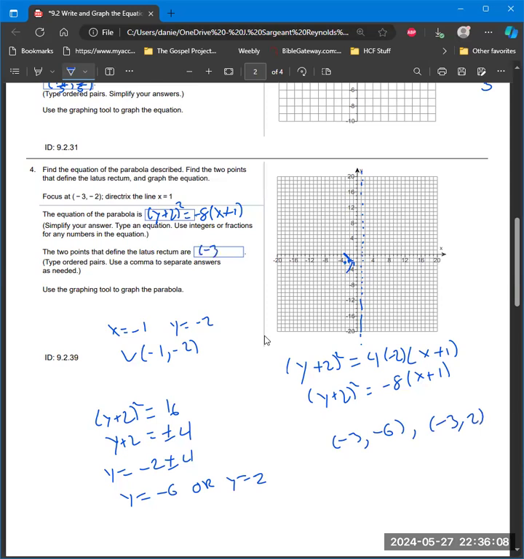So (-3, 2) and (-3, -6), and that's what my parabola is going to look like, kind of. And you've got a parabola tool that's going to make that look a lot better.